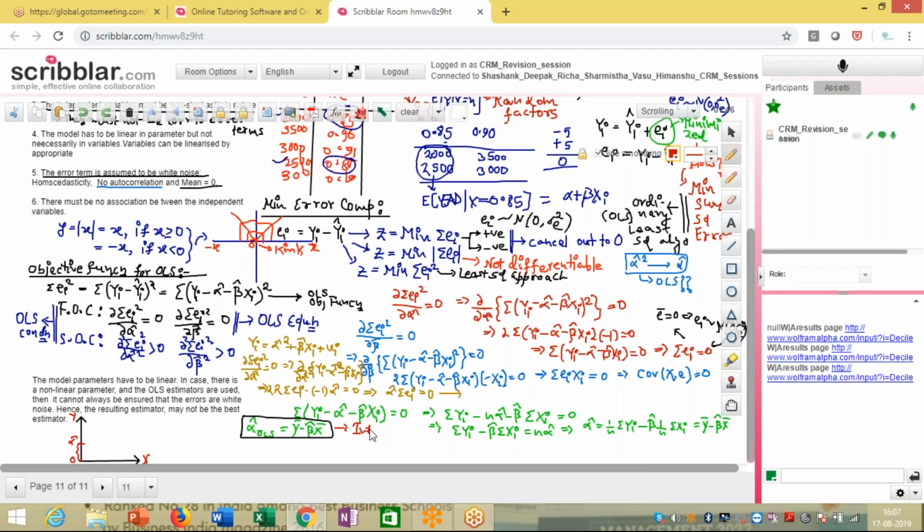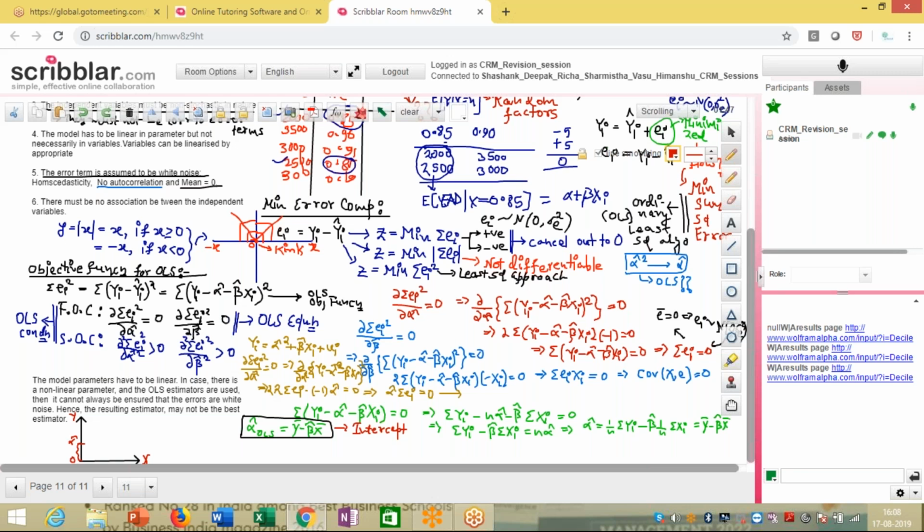And how do you define the intercept? The intercept is nothing but that part of the average behavior of the dependent variable which is not explained by the independent variables.